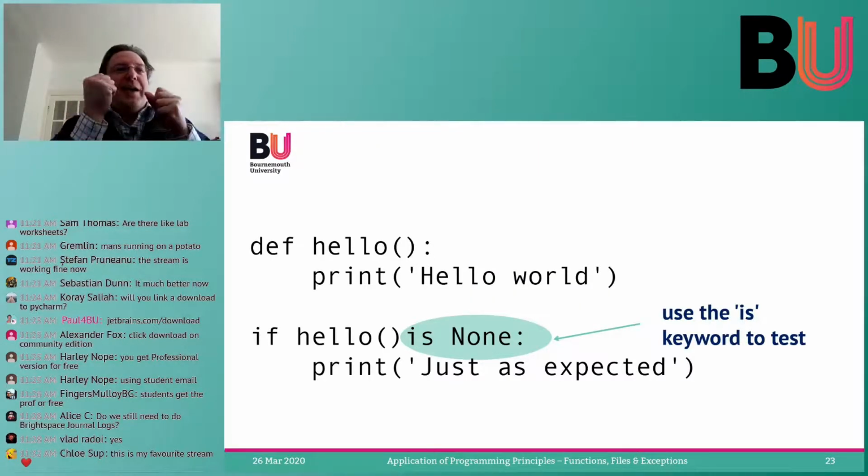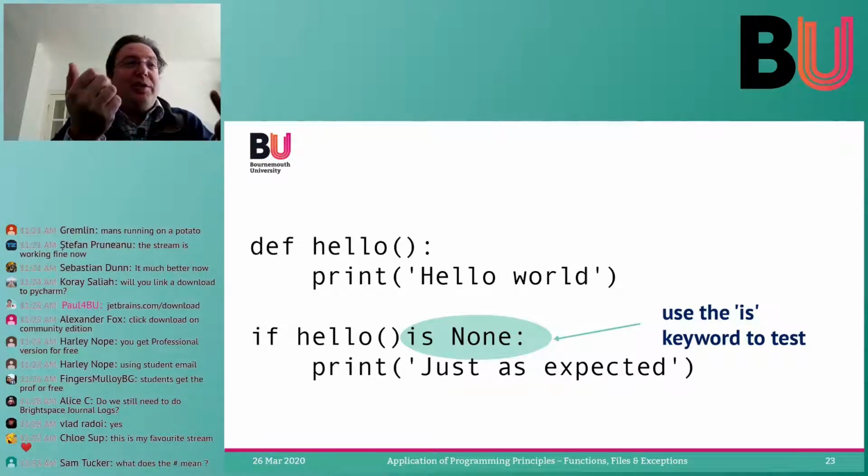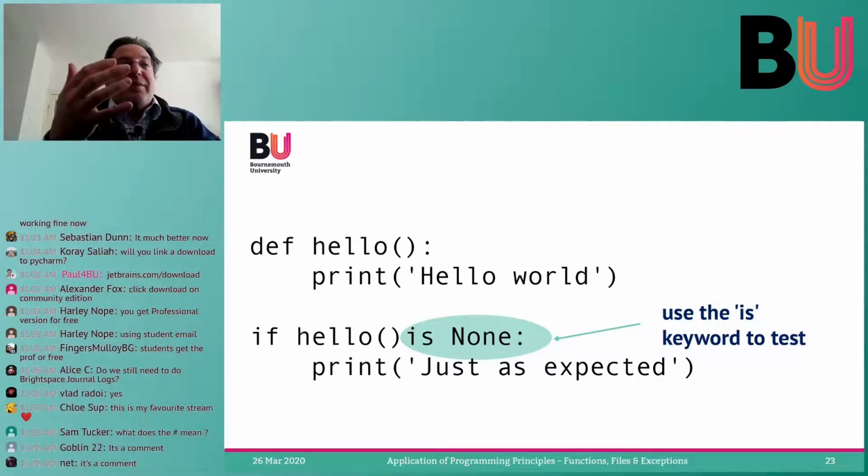We have a function hello here that doesn't return anything. So what we can do is look, is the return of hello None? Is the return type None, then we just print, just as expected, because hello does not return anything. There's no return keyword.